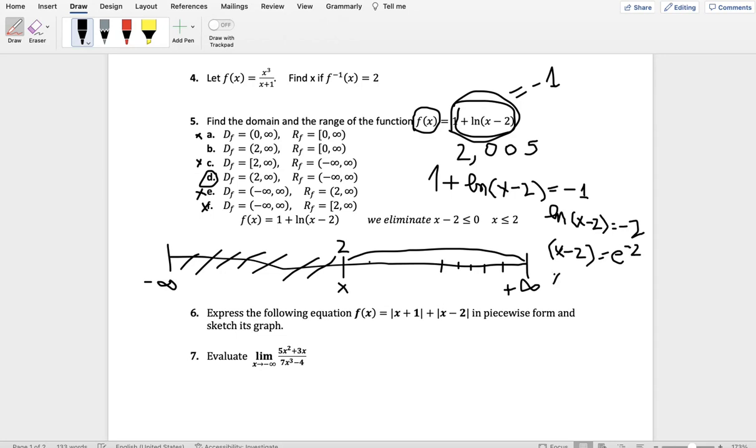And then x has to be equal to e to the minus 2 plus 2. Right. Do you guys understand this solution, the way we solved this?